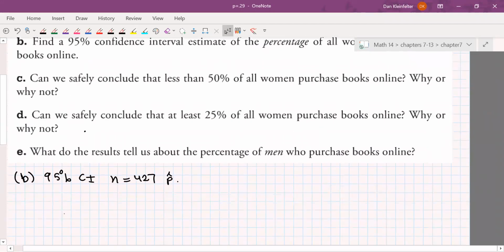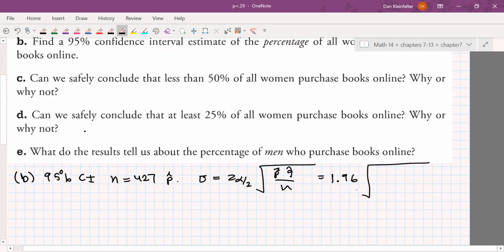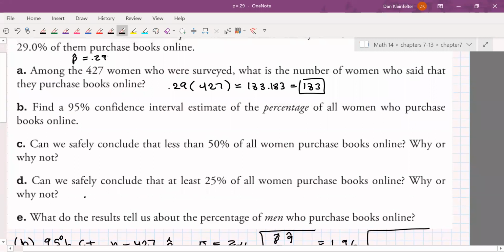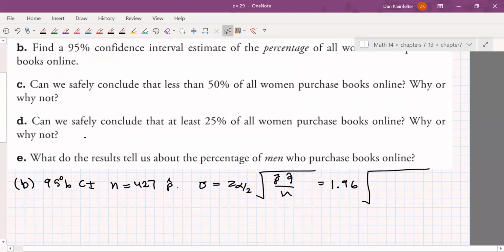All right, so let's get to work on finding our E. Our E is going to be z alpha over 2 square root p hat q hat over n. Since we're doing a 95% confidence interval, our z alpha over 2 is 1.96. Our p hat, remember this time we were given it, it was 0.29.